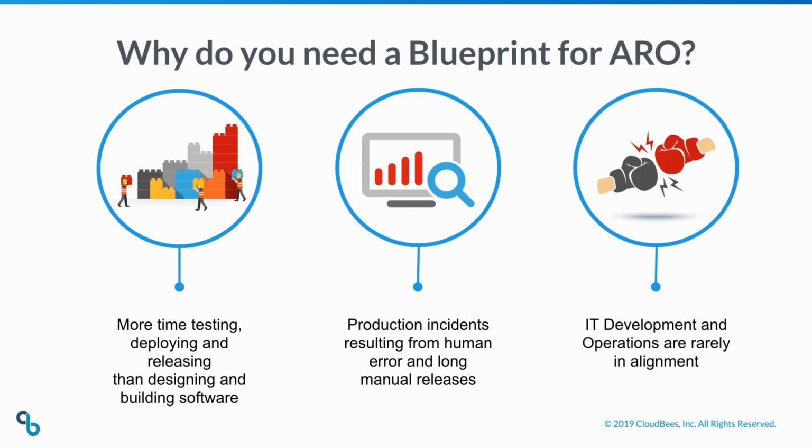It's that typical people, process, tools triangle, where you try to connect every single aspect of functions within an organization, the technologies that they address, and the processes that the entire enterprise is trying to ingrain, right? But what you have is disparate systems, disparate tools, no collaboration between teams, and this is a prime example. If you look at the screen right now, it says more time testing, deploying, releasing software.